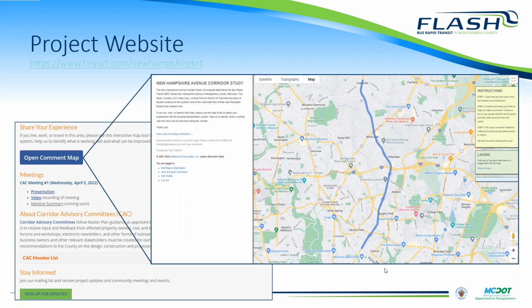Sorry, I'm on mute. So it's not the same as Flash. So Flash and Metro is run by, the Metro bus system is run by WMATA, and the Flash system is part of Ride-On, which is the county's bus system. So right now, all fares have been free since COVID, and we'll be going back to collecting fares in July or sometime after July, and it'll be a flat fee of $1 for any ride.